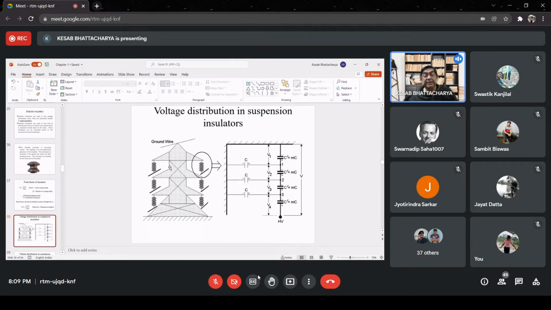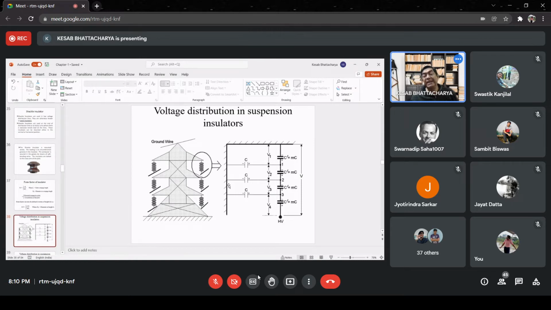Air is another dielectric here. Do you understand the formation of the capacitances here between the tower body and the metal pins through air? Yes, sir. Okay.